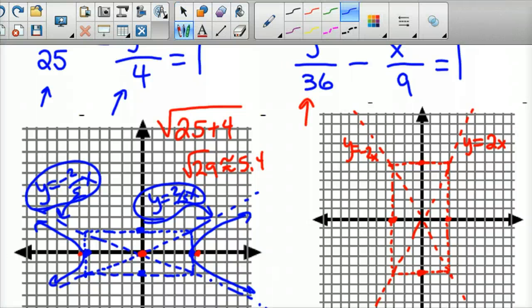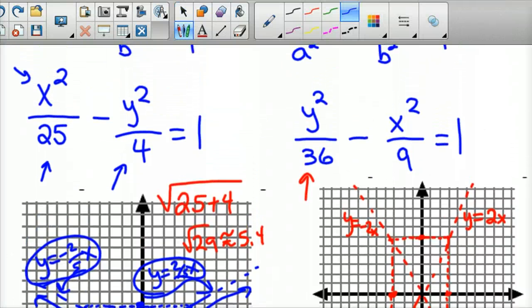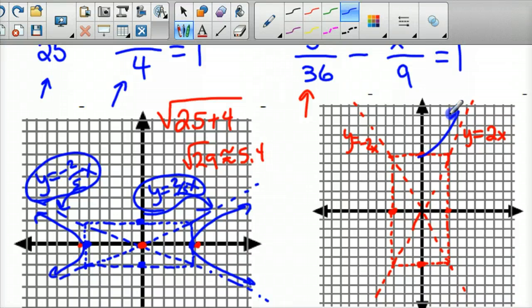Since the y leads, you'd open up and down, because I'm running out of time. And your foci is the square root of 36 plus 9, which is the square root of 45, which is about equal to 6.7. So you go up 6.7, down 6.7, and that's your two foci.